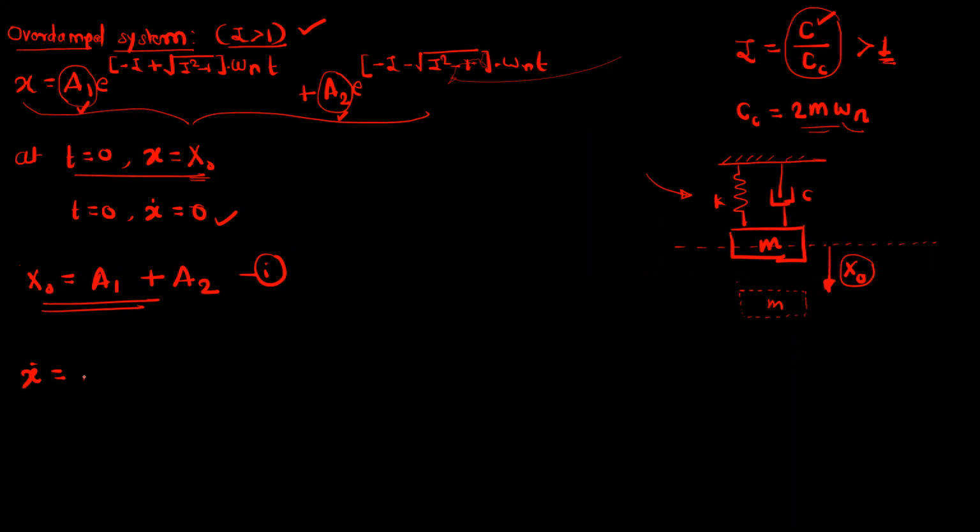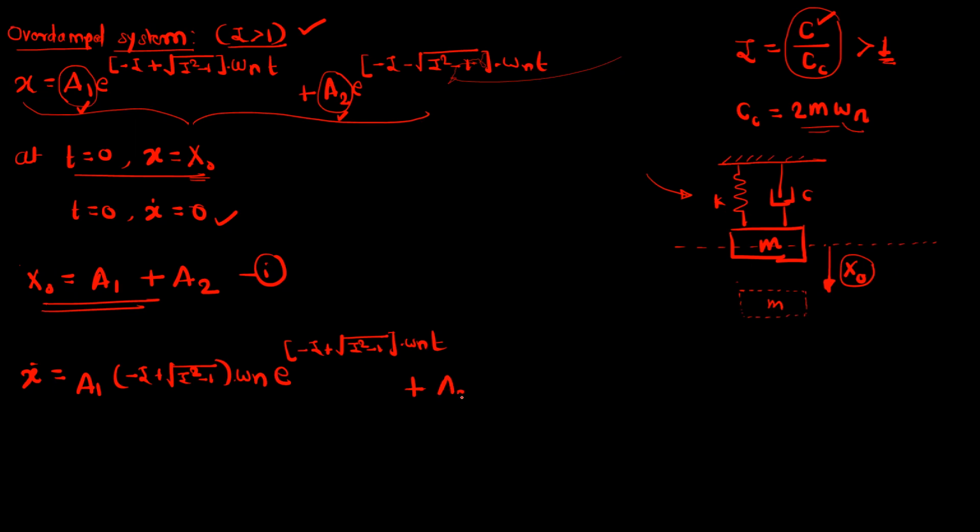So we will get a1, which is a constant, times minus zeta plus square root zeta square minus 1 into omega n, e raised to minus zeta plus square root zeta square minus 1 into omega n t. Because the differentiation of e raised to theta t will become theta into e raised to theta t.